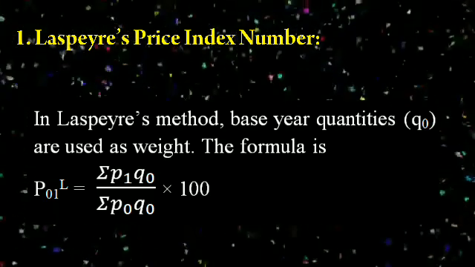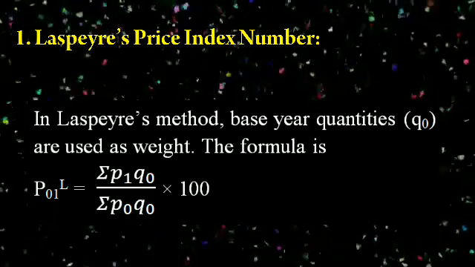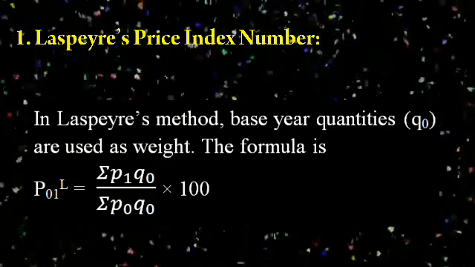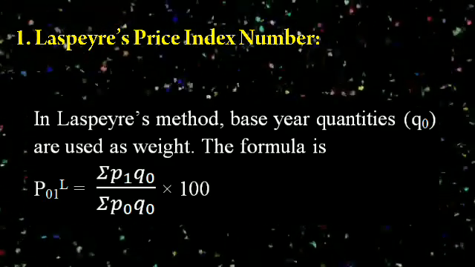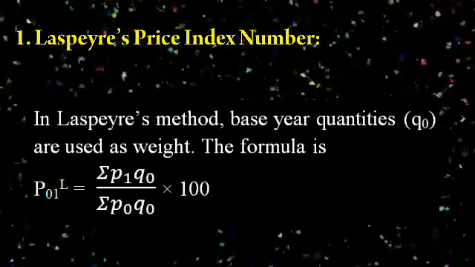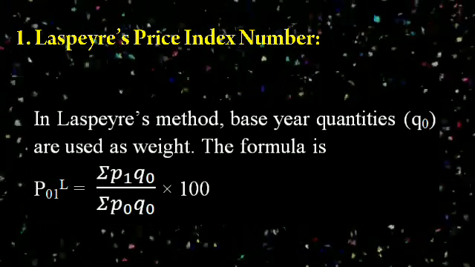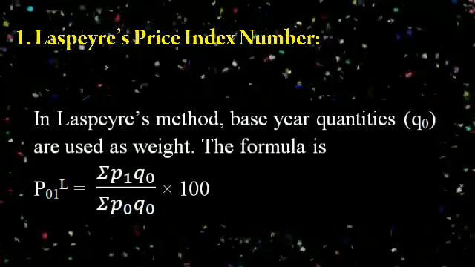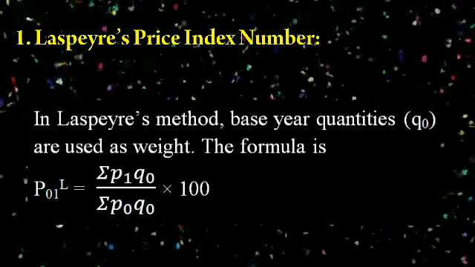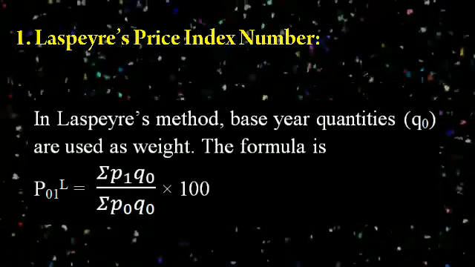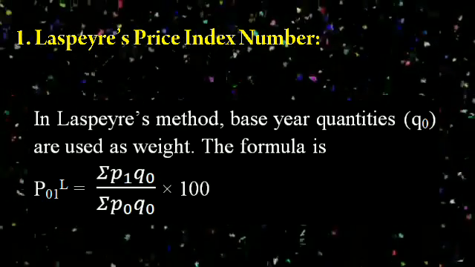So after writing sigma, write the current year price, which is P1, in the numerator, and the denominator will be P0. So sigma P1 divided by sigma P0. And the formula says that here base year quantities are fixed. Base year is denoted with the notation 0 and the quantities are denoted as Q. So base year quantity is denoted as Q0. So Q0 is fixed for both numerator and denominator.